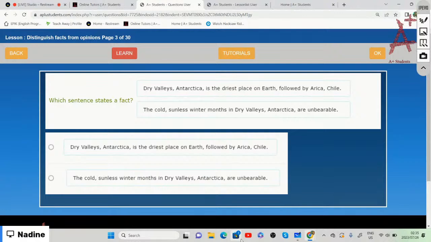We need to state a fact. So is it the first one, or the cold, sunless winter months in the dry valleys of Antarctica are unbearable?